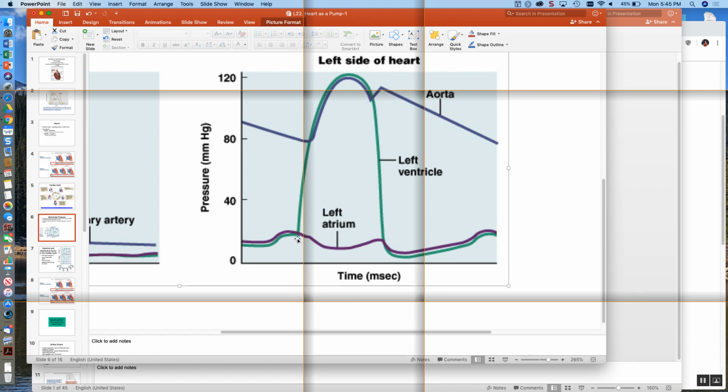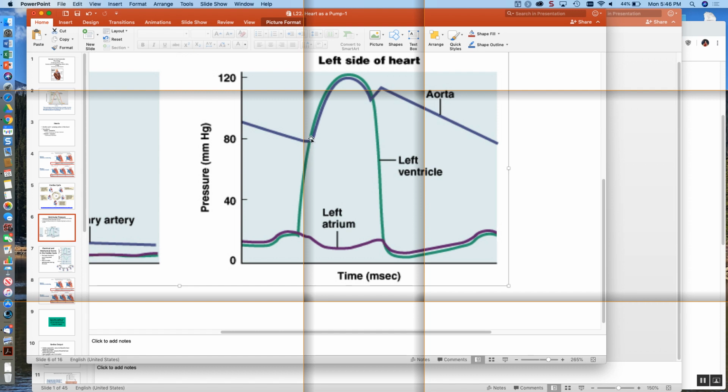And then as soon as the pressure in the ventricle in green moves higher than the pressure in the aorta, that's when the semilunar valves open and blood gushes out of the ventricles. That's the ejection phase. So right here, this is where the semilunar valves open and ejection occurs.